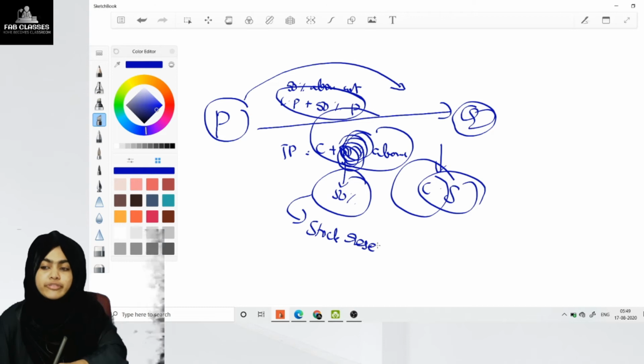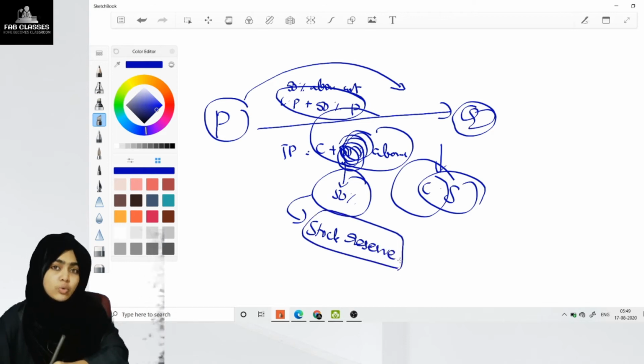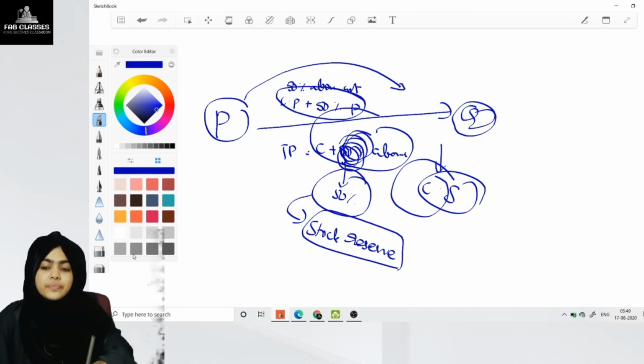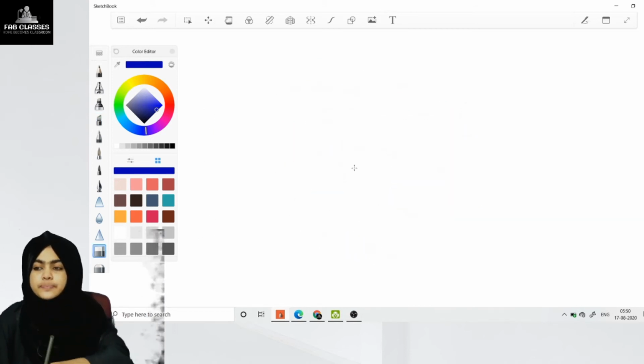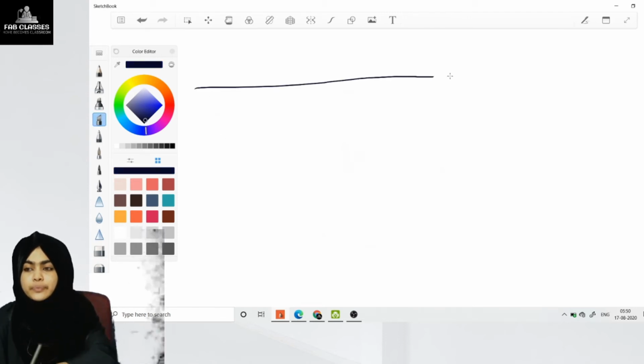In order to separate this from the closing stock, first we have to find out how much this stock reserve is. So let's compute this.